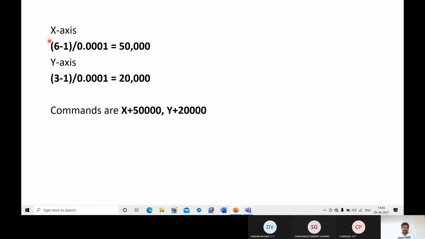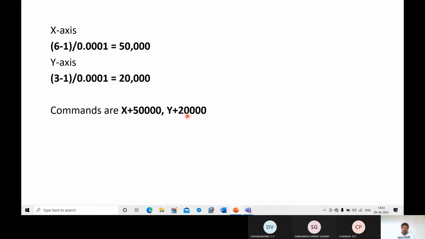Next, in the program, it again depends on the configuration. If the configuration is 1 pulse equal to 1 basic length unit, then you can make use of these commands. The meaning of x plus 50,000 is that 50,000 incremental positions will result in movement of 5 inches along the x-axis.